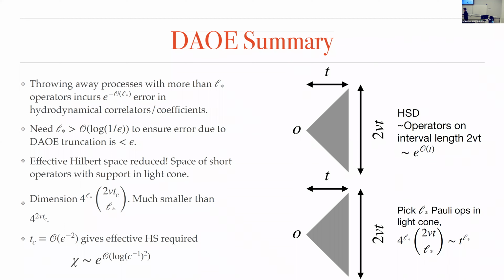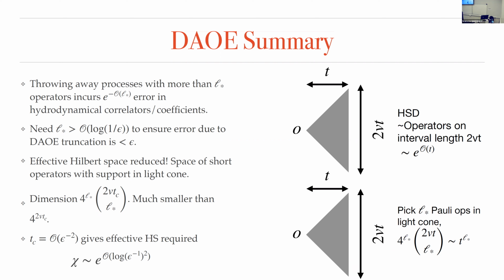And it's much less. Because first of all, the operator is still going to spread within the light cone, because we still have locality. So it's still in this region of size order T. However, we're only allowed L star non-trivial Paulis at most. So think about how many operators there are in this light cone that have at most L star Pauli matrices.